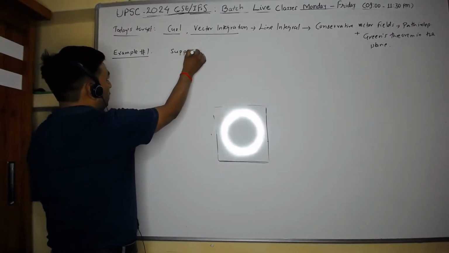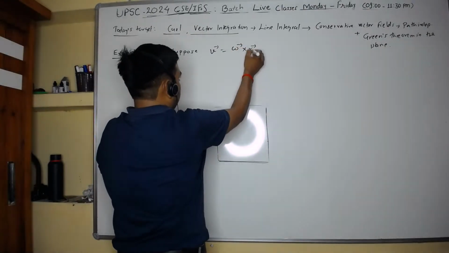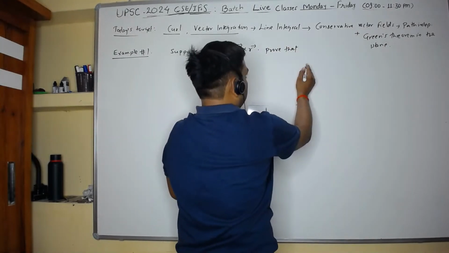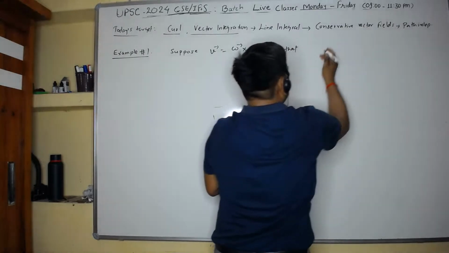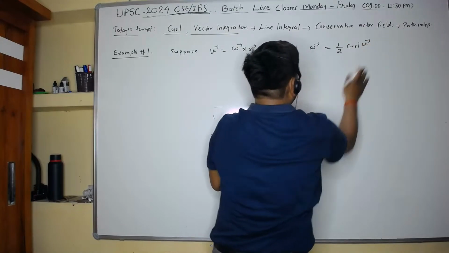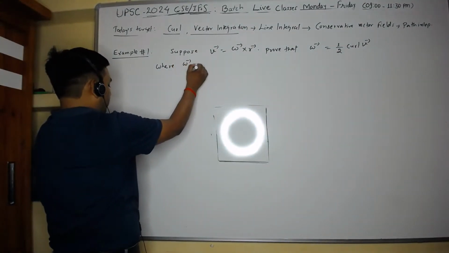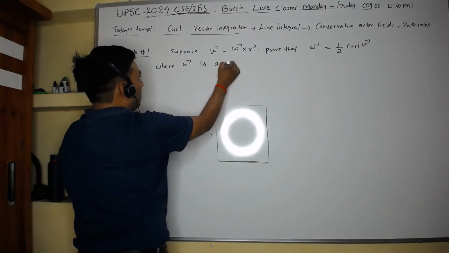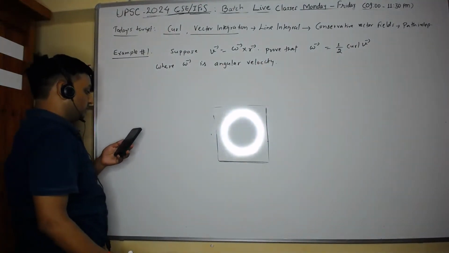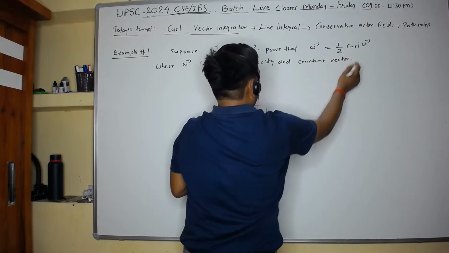Write, suppose v vector is omega vector cross r vector, then prove that omega vector is nothing but 1 upon 2 curl of v vector, where omega vector is the angular velocity and constant vector.